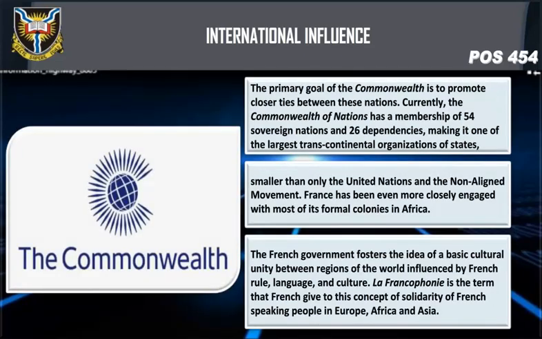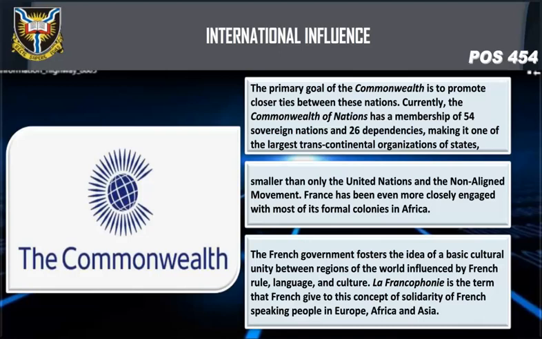The primary goal of the Commonwealth is to promote closer ties between these nations. Currently, the Commonwealth of Nations has a membership of 54 sovereign nations and 26 dependencies, making it one of the largest transcontinental organizations of states, smaller than only the United Nations and the Non-Aligned Movement.